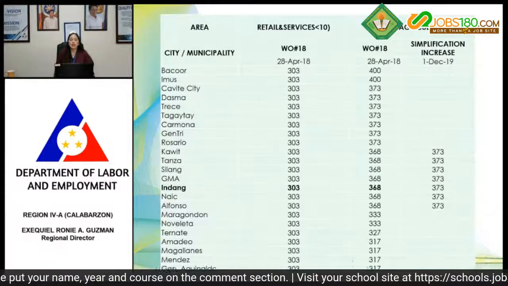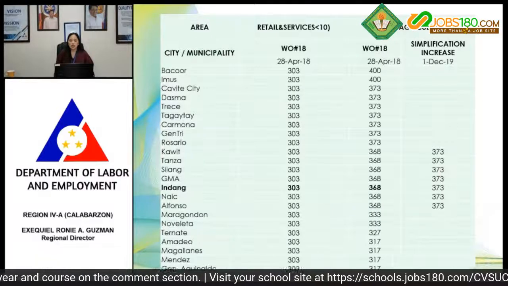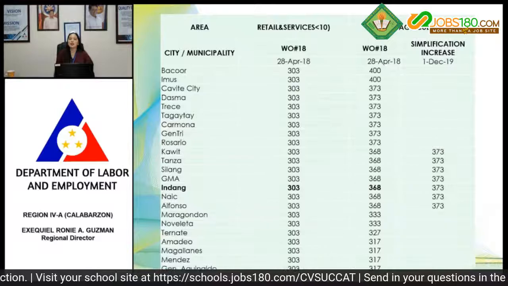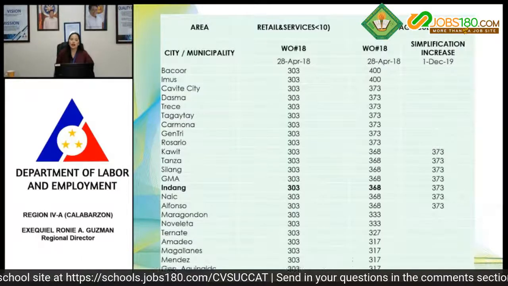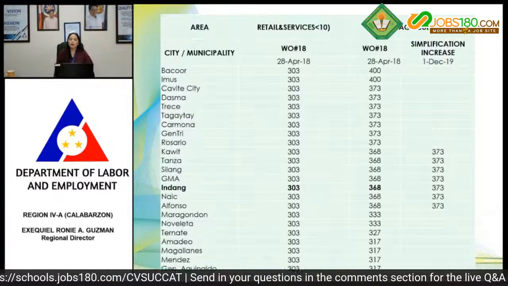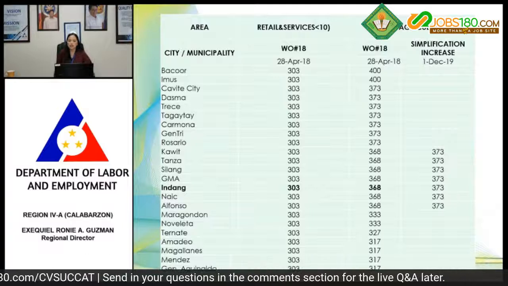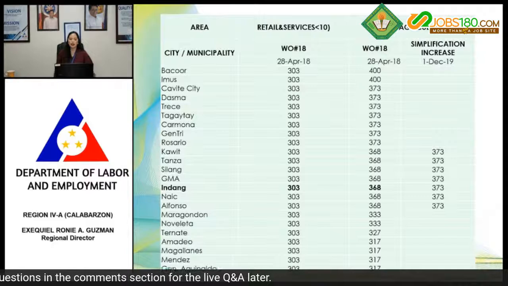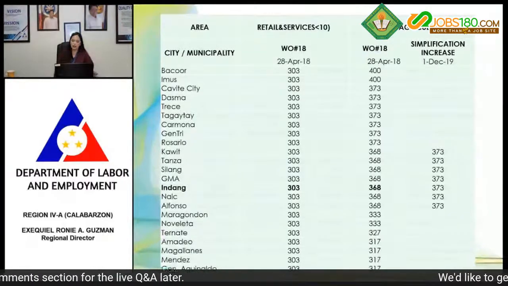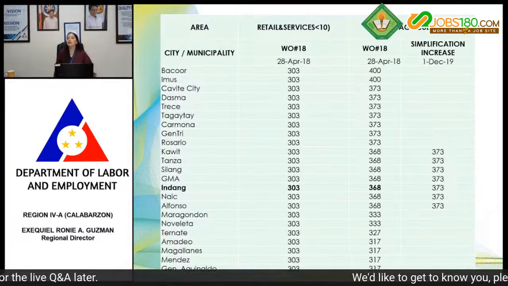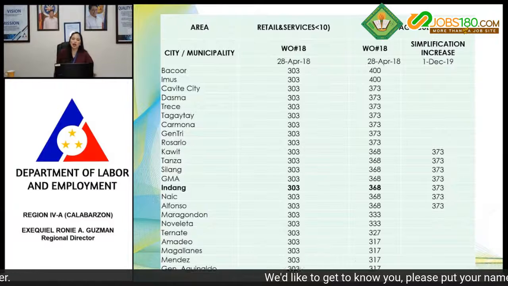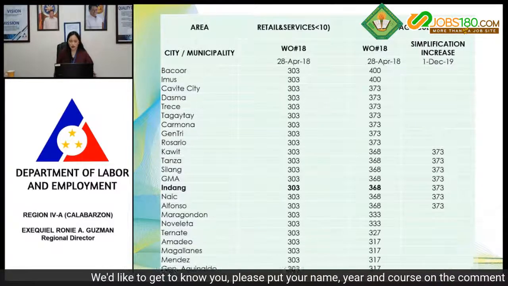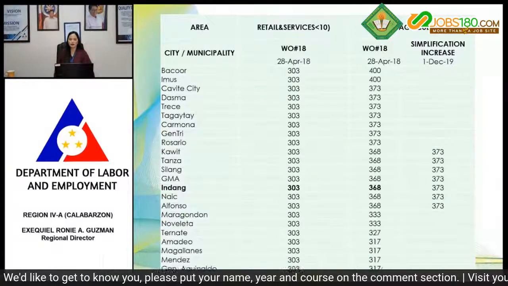Again, minimum wage po sa Indang is 373, effective December 2019. 400 po ang Bacoor and Imus. The rest po is 373. Pinakamababa po yung General Aguinaldo, Mendez, and Magallanes. As of today po, wala pa pong nakaambang pagtaas para sa ating mga sahod. Okay po?